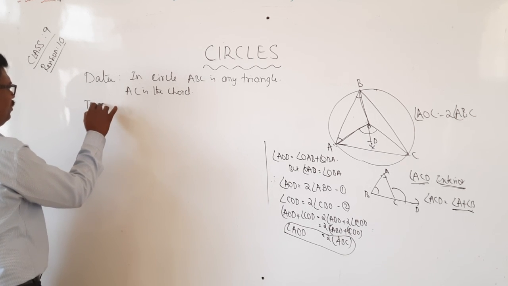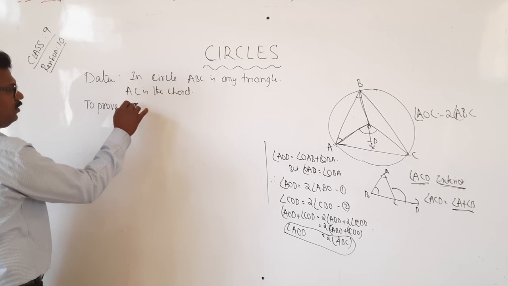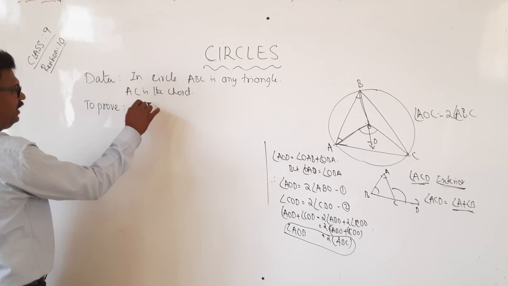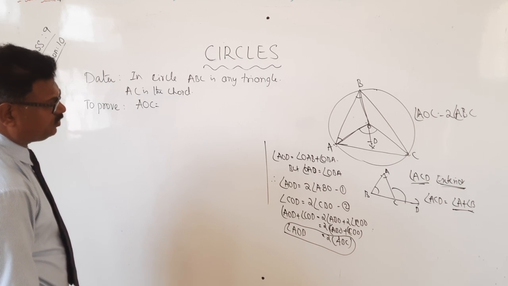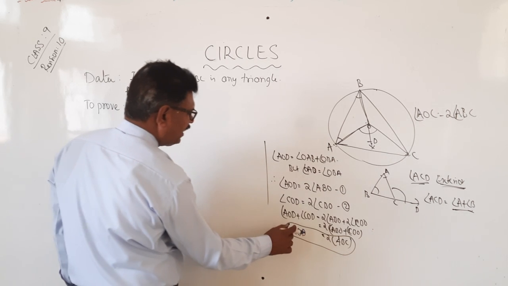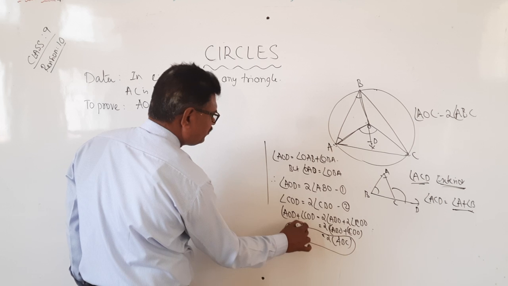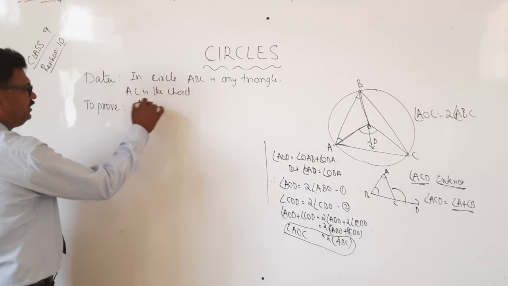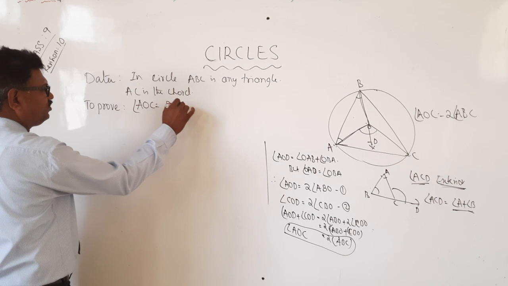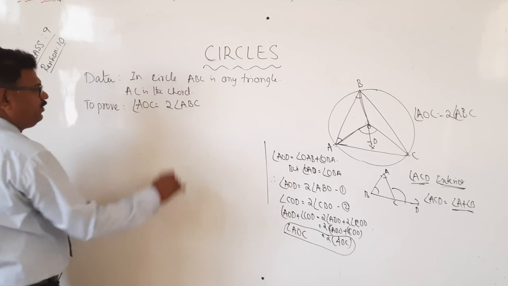To prove, angle AOC is equals to 2 times angle ABC.